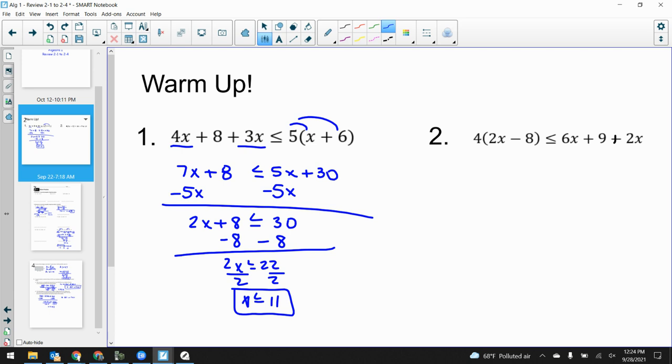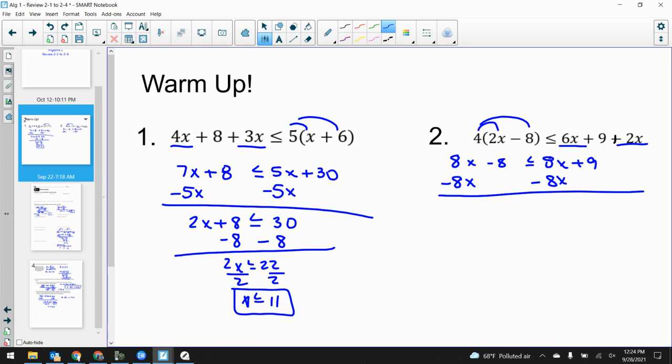Number 2 here. Distribute the 4. Okay, that gives me an 8x minus 8. 2x and 6x make 8x plus 9. Alarms, ding, ding, ding. I subtract 8x from both sides. We get negative 8 is less than or equal to 9. Is that a true statement?